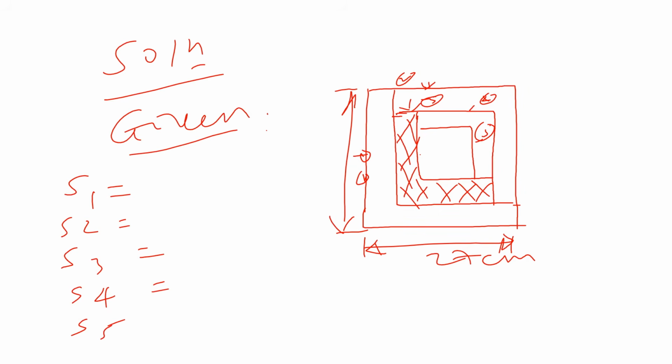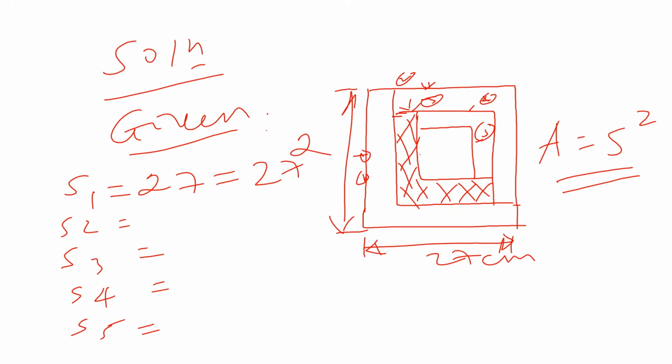So we have 5 squares. The side length of square 1 is 27. When we find the area of a square, area is equal to side squared.